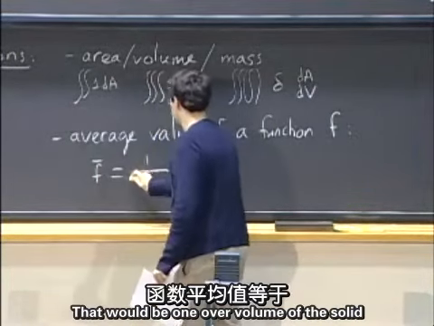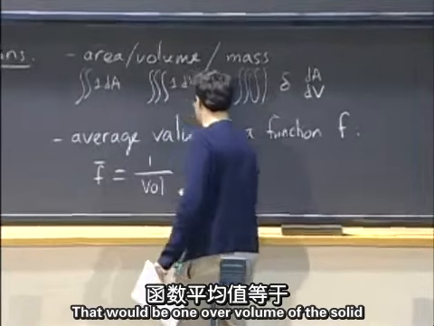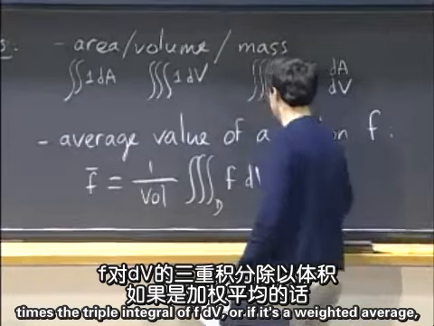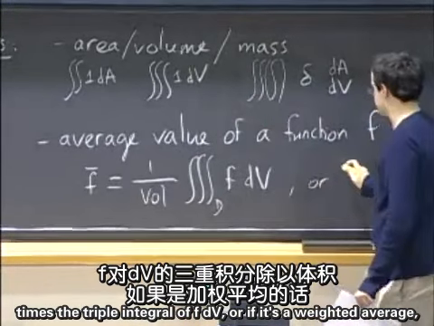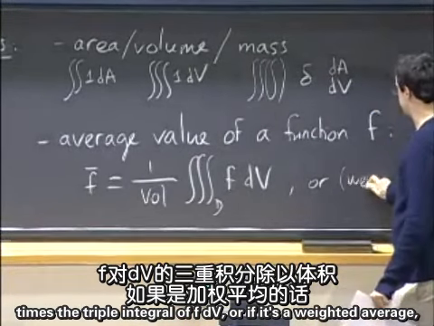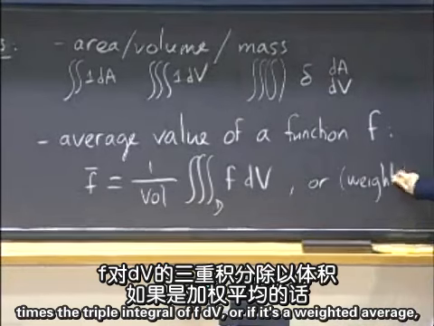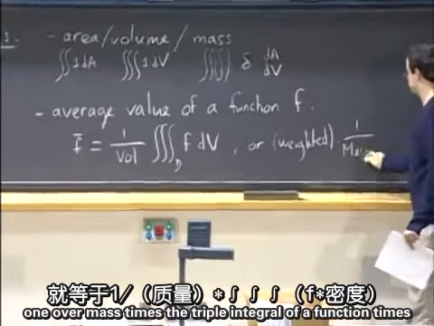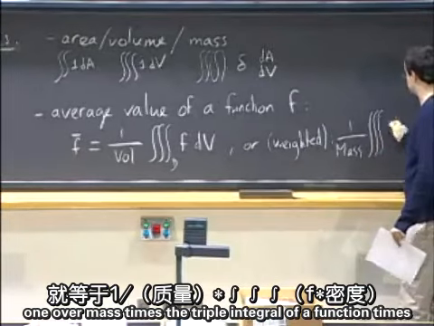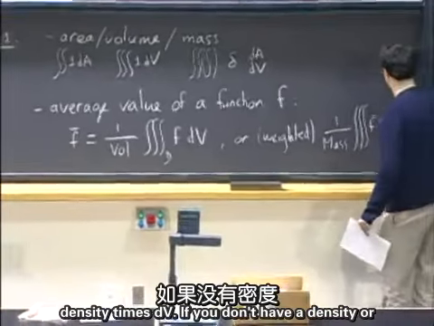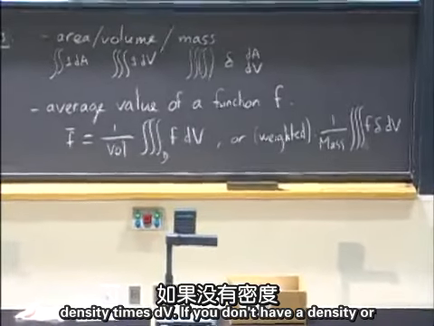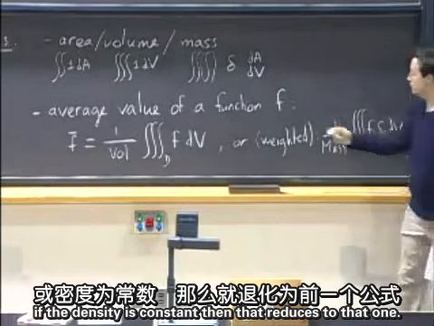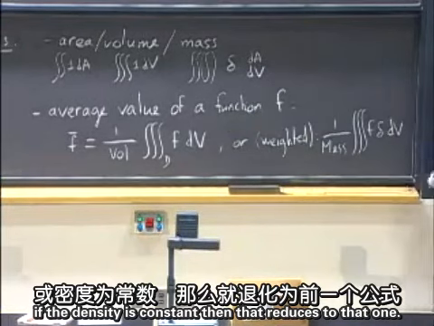That would be 1 over the volume of the solid times the triple integral of f dV, or if it's a weighted average, 1 over mass times the triple integral of the function times density times dV. So if you don't have a density, or if the density is constant, then that reduces to the first one.